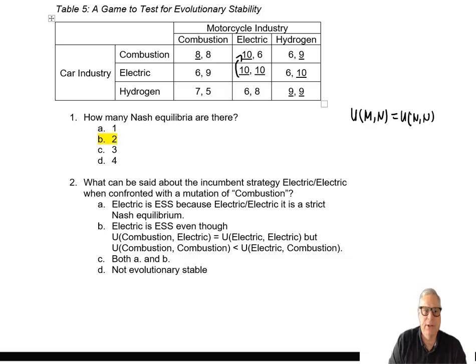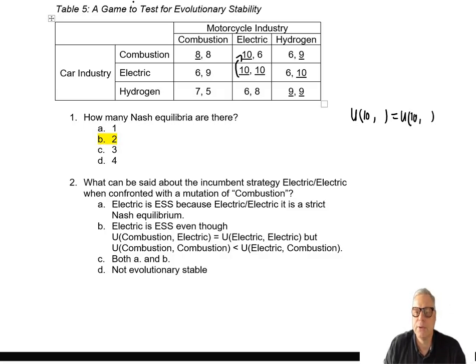Specifically, what we need to look at is the payoff here of 10. So the mutator gets 10 here and got 10 in the other strategy. The payoff of the other one is for now not so important, but we just write it down.